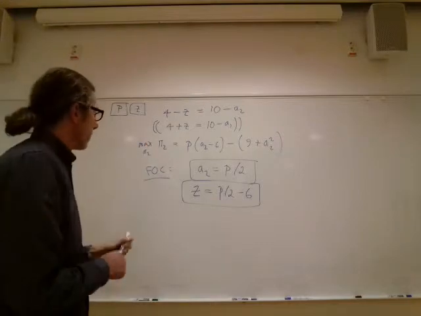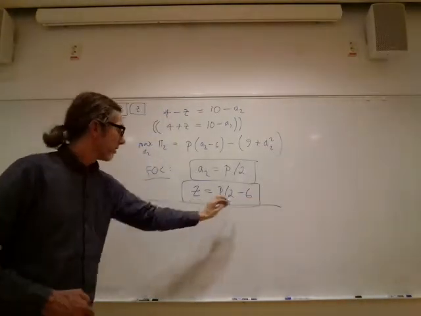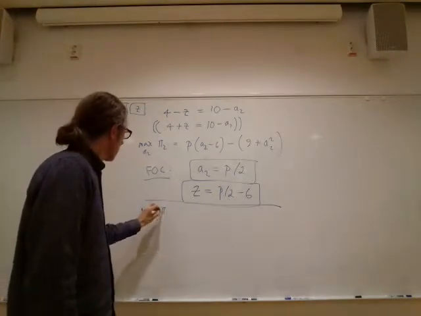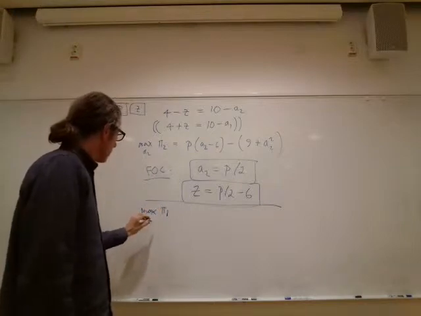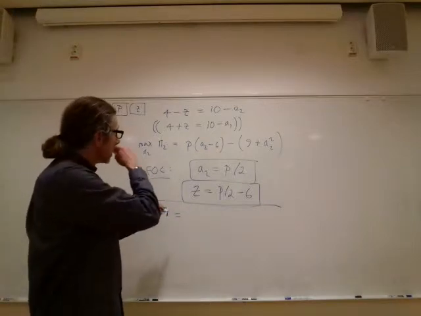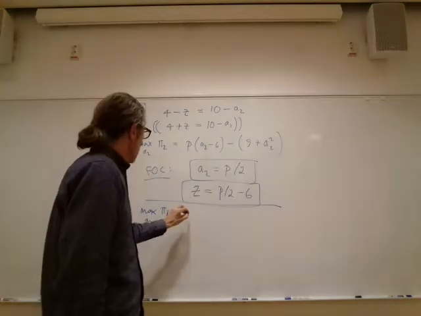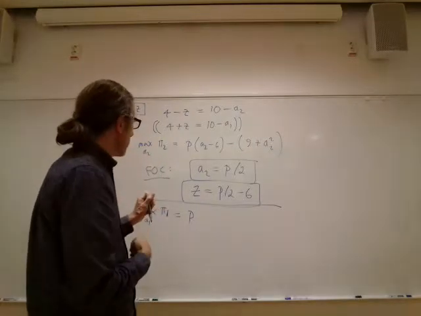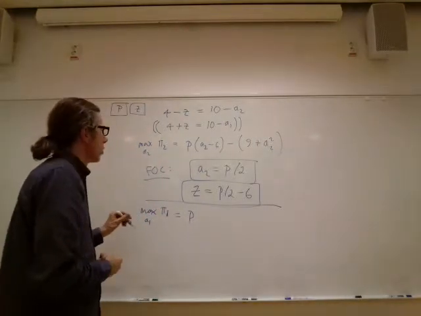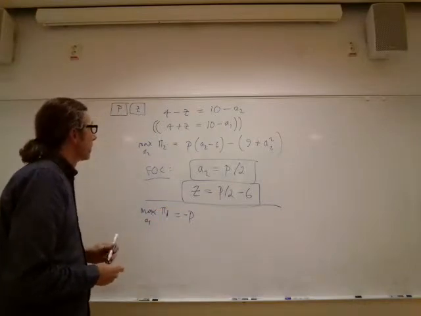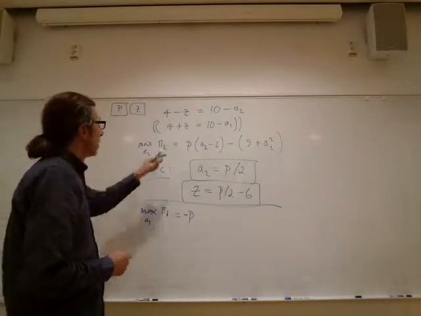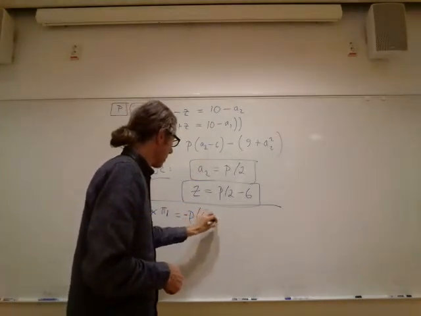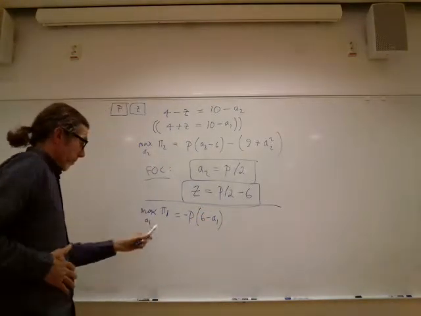So, firm 1's problem then, given this restriction, so to speak, is to max pi 1, choosing A1, where pi 1 is equal to minus P times Z, where Z is 6 minus A1, because this is now a cost.